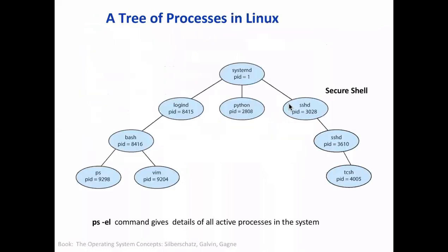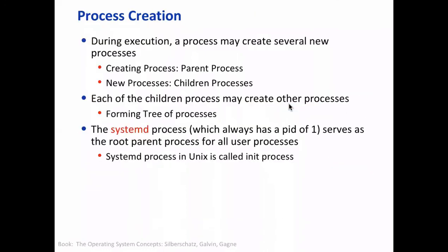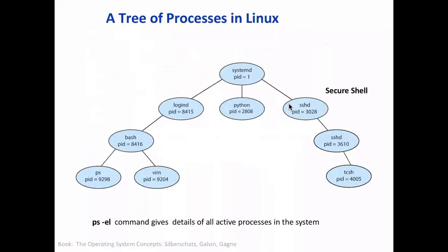Now let's look at process creation in any system. When the OS starts, there is just one process, the first process, and from then on processes are created. For example, in Linux we have the systemd process, and init in Unix.